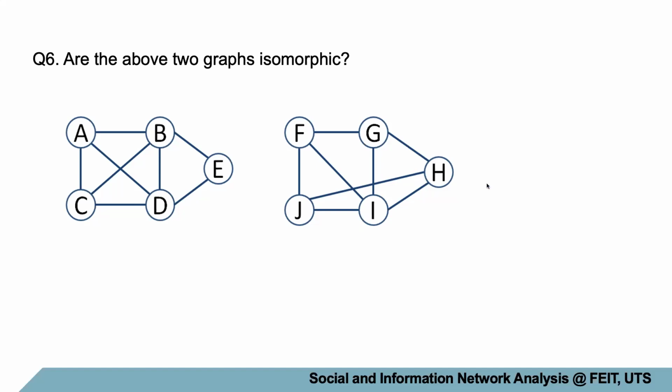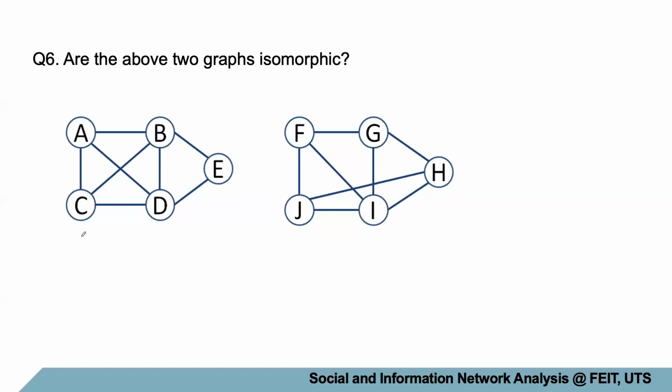One simple way is to check, I don't know if some of you are solving this problem in this way. If two graphs are isomorphic, that means all their nodes are mapped, then the edges are also mapped. That means the mapped nodes should have the same degree. So one simple way is just to check the degree of the nodes.